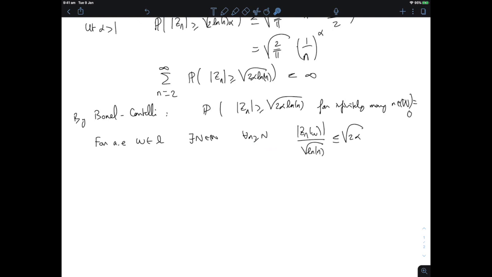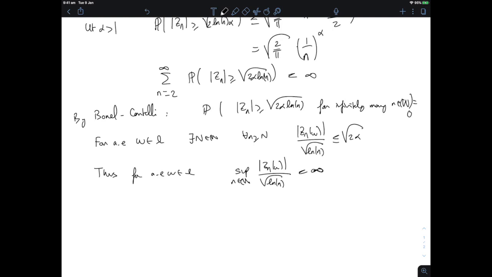But then of course, for finitely many n's, this is bounded by whatever the maximum of that is for little n smaller than capital N. And that is exactly saying that for almost every omega, the supremum over n of Zn of omega divided by square root of log n is finite.